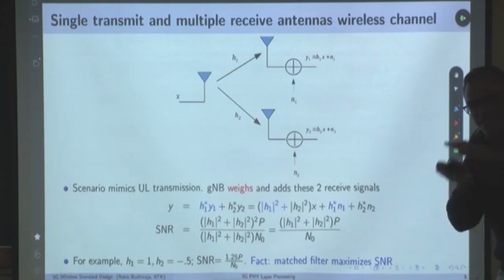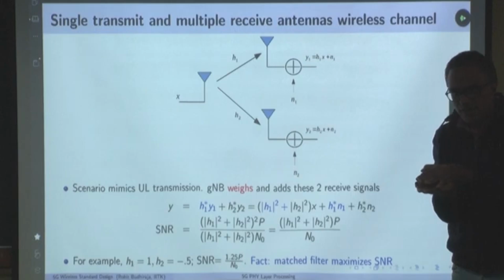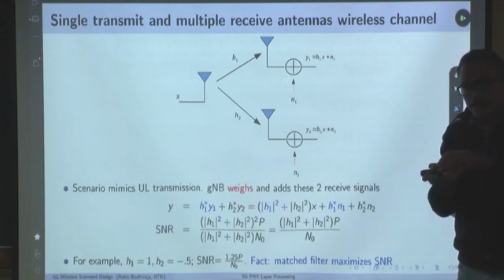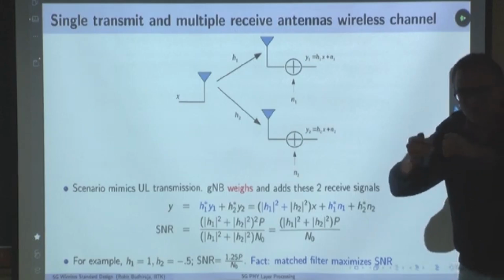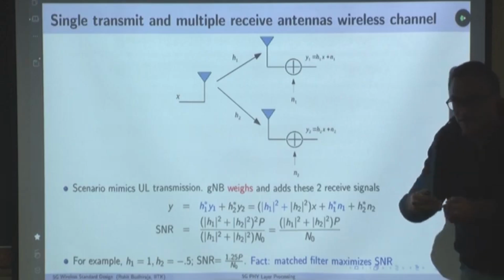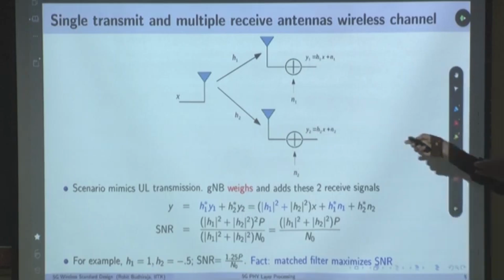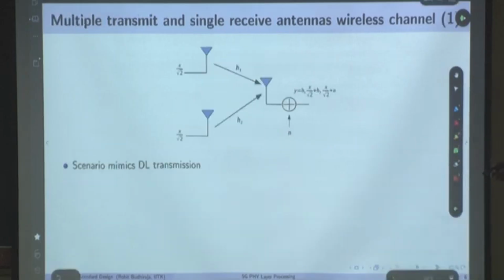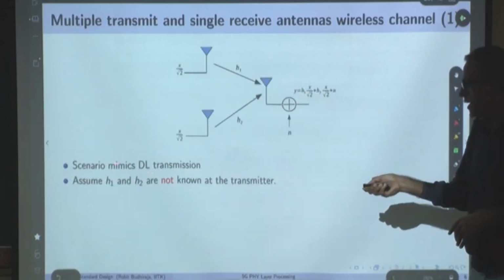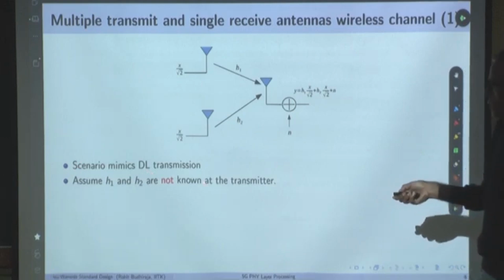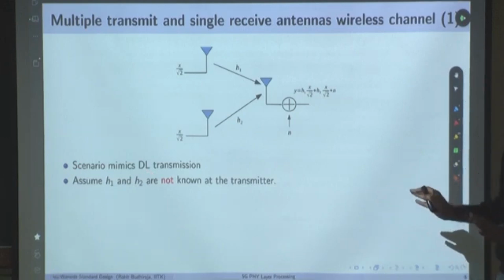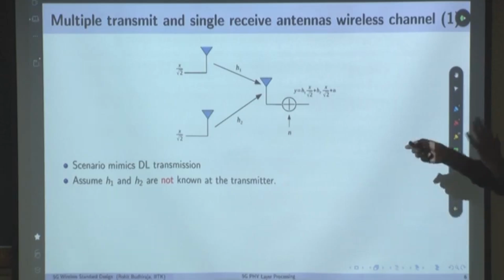It is the receiver which can easily estimate the channel. It is very difficult for the transmitter to know the channel, because the transmitter does not see the channel, it is the receiver which is seeing the channel. I just told you how. So, the first case, assume that H1 and H2 are not known at the transmitter. What happens in that case?